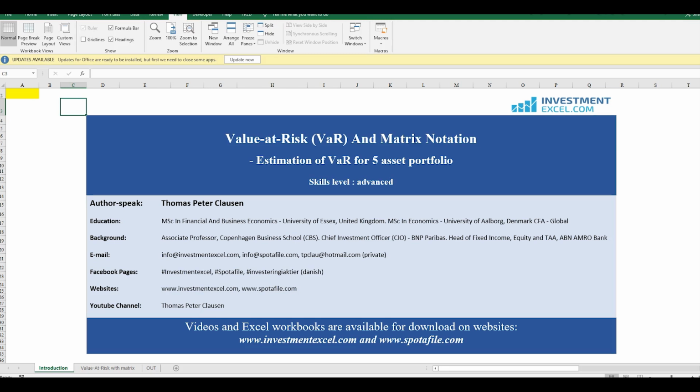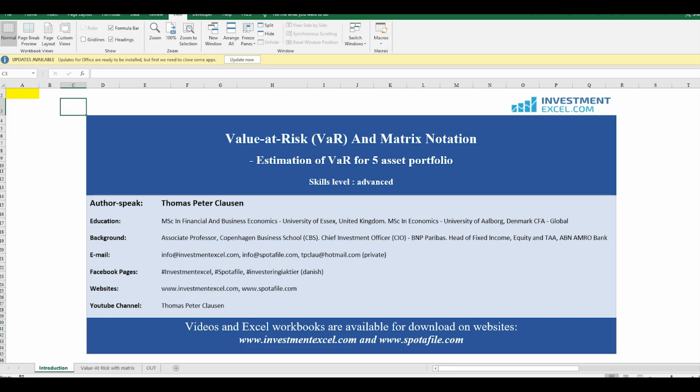Today's session is about the risk measure value at risk, VAR, and how it can be calculated with the use of matrix notation. Particularly, we will look at estimation of VAR for a 5-asset US portfolio.